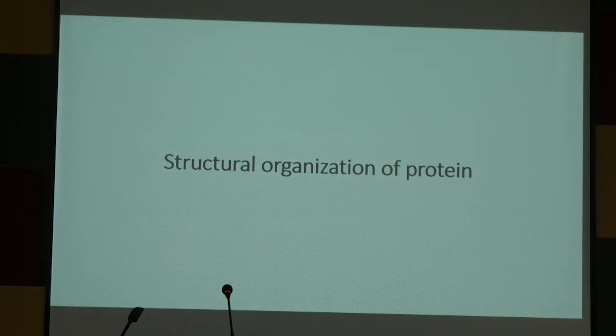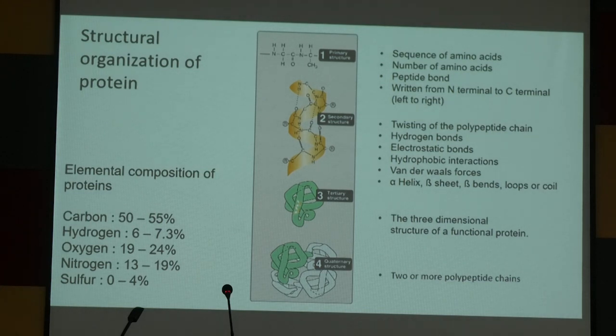So now we come to the structural organizations. As I have mentioned, there are four levels of structural organization: primary, secondary, tertiary, and quaternary. So first, primary structure. They are the amino acids connected by peptide bonds. And sometimes this primary structure can also contain another kind of bond, that is disulfide.